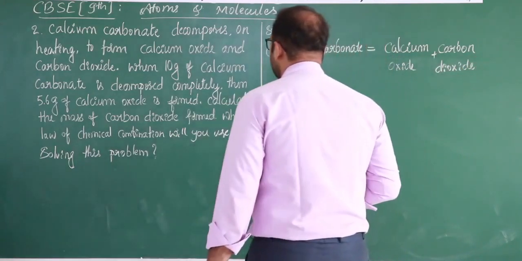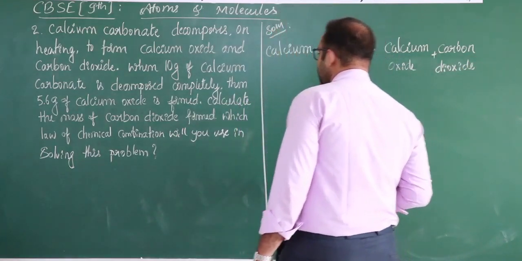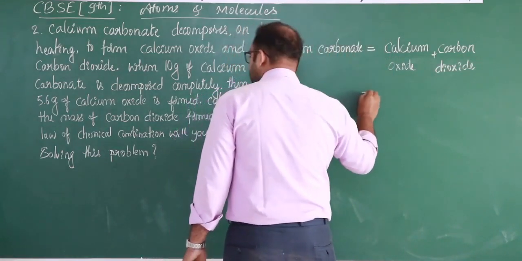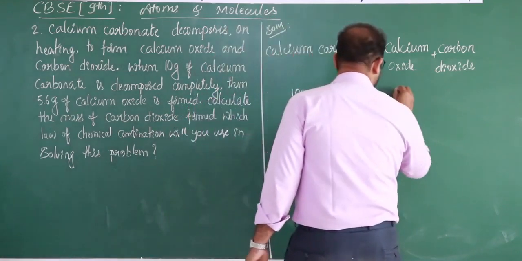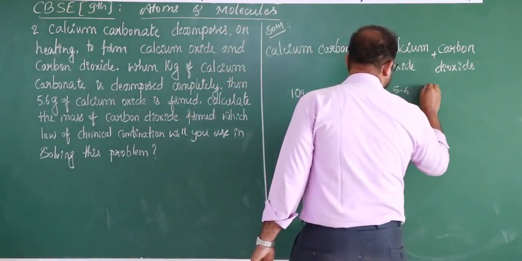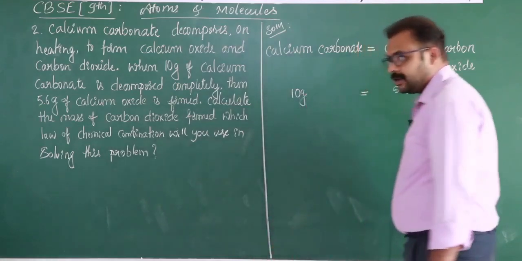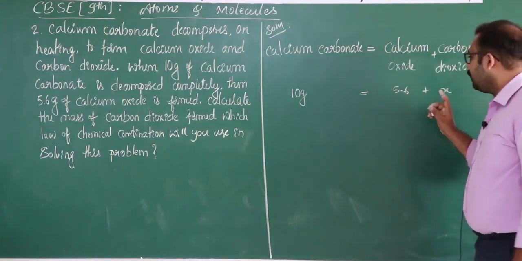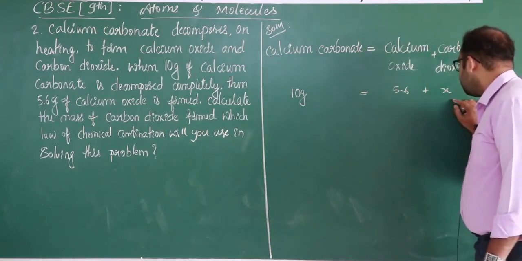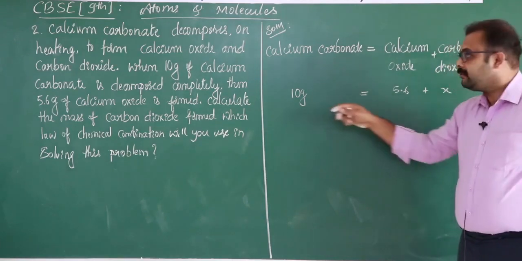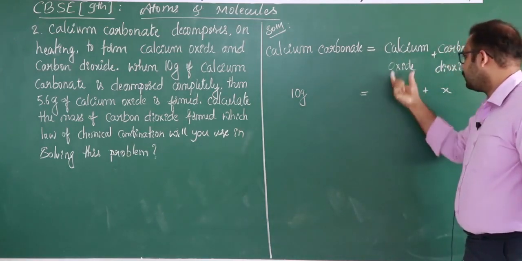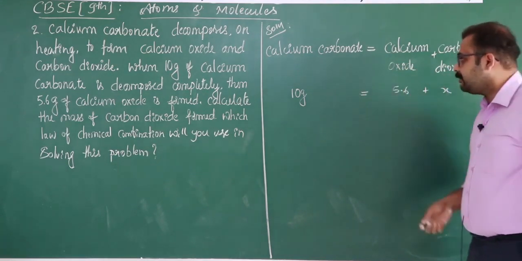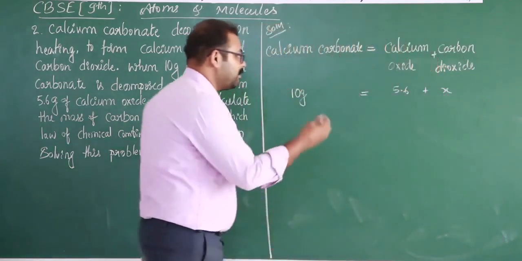So let's see how much they have given: 10 gram of calcium carbonate. So the mass of calcium carbonate is 10 gram and that of calcium oxide is 5.6. Consider the mass of carbon dioxide as X. Now if we subtract calcium oxide from the calcium carbonate, then we will get the carbon dioxide mass. By that we can calculate the mass of carbon dioxide.